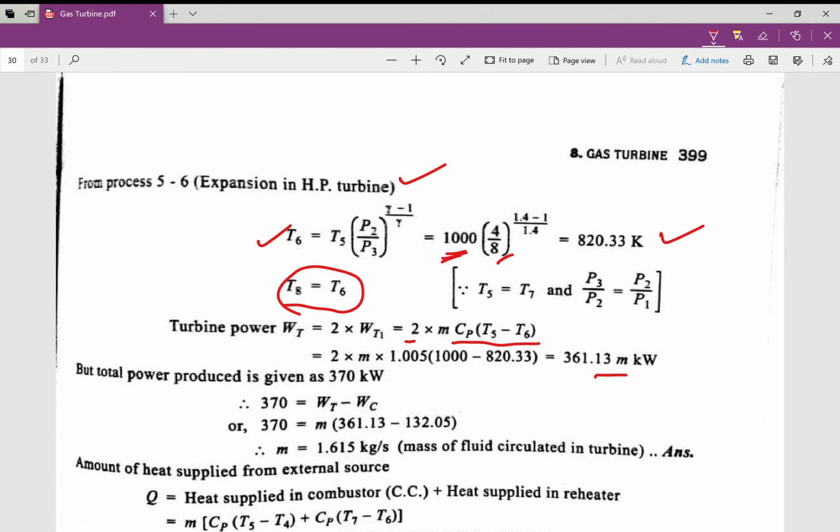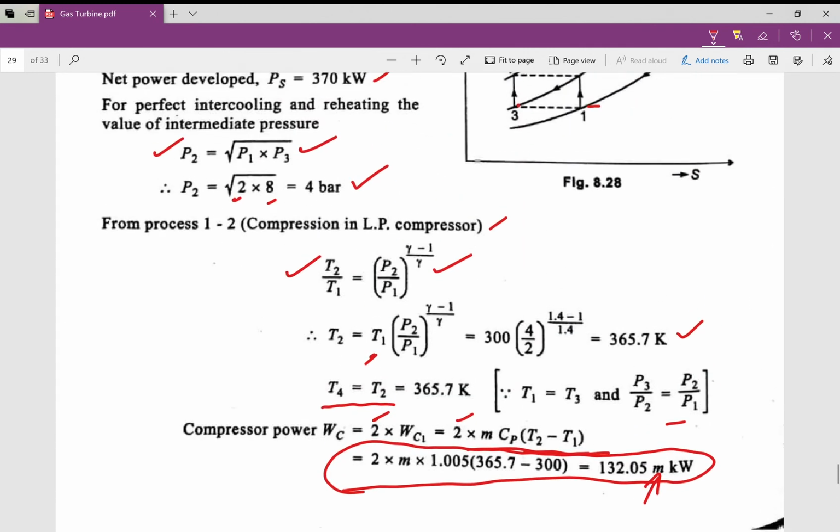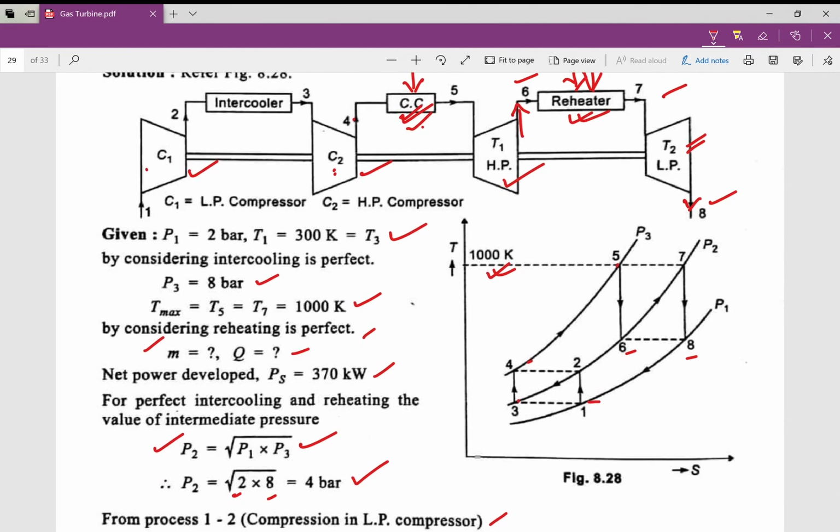Right. Now in this way we can calculate total turbine work, again presuming the same turbine work is produced, because you see already on the TS diagram this length is equal to this length. This happens due to the reheating process.